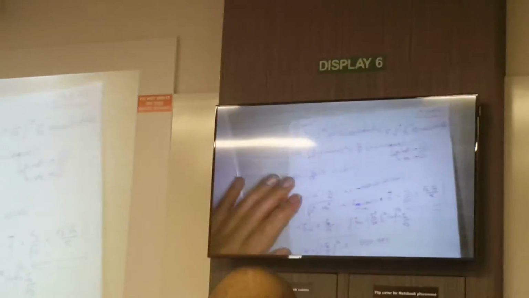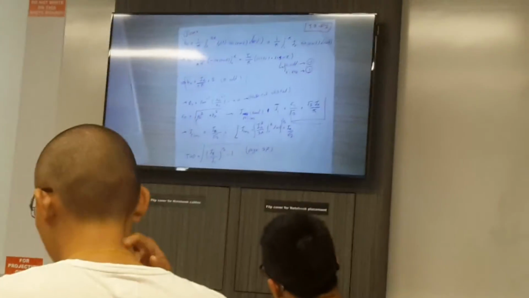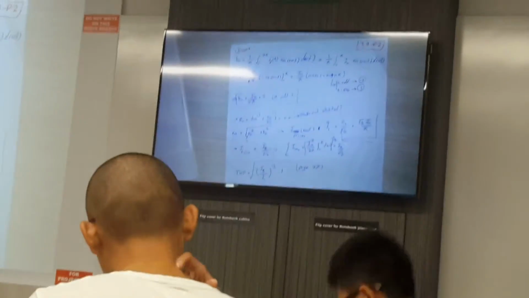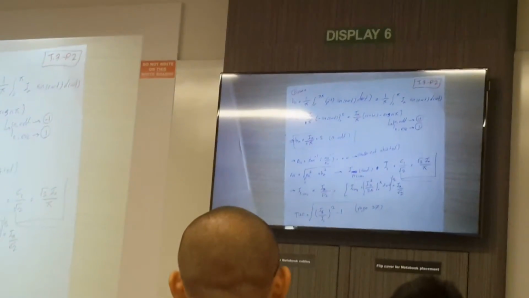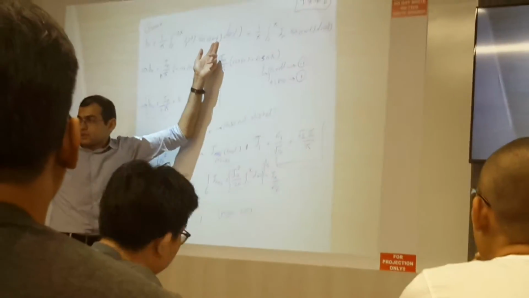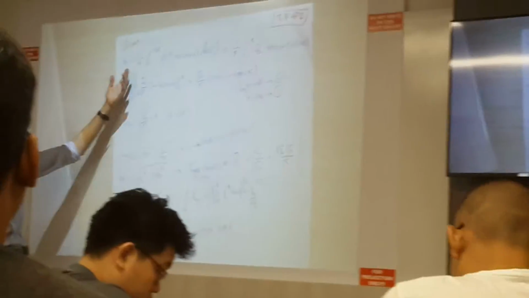So the same thing goes for Bn of the Fourier transform. For An we had I(ωt) cosine n ωt d(ωt). For Bn of the Fourier transform, we have I(ωt) sine n ωt. So the same thing, we need to calculate the integral.